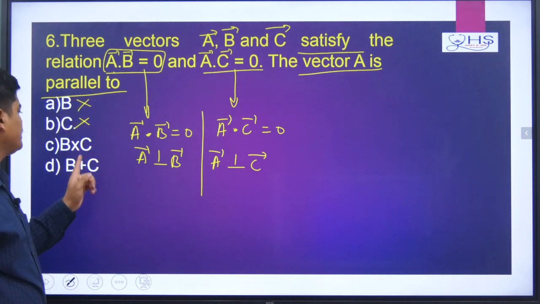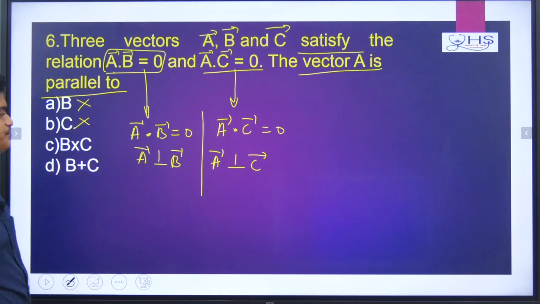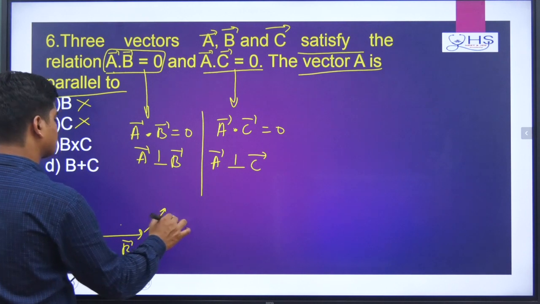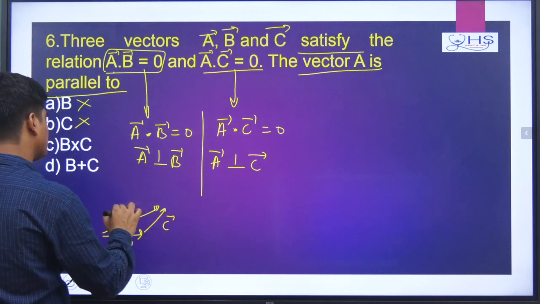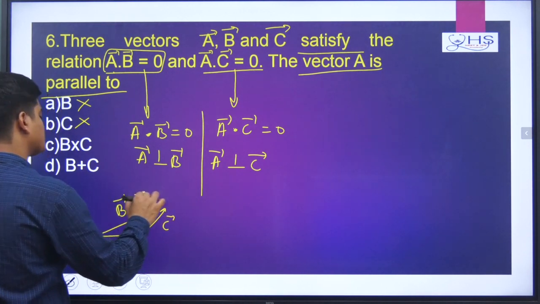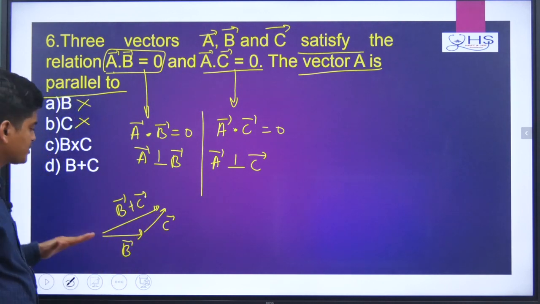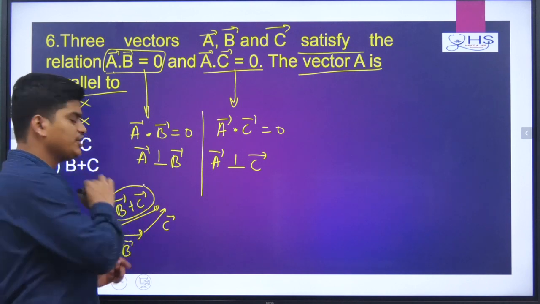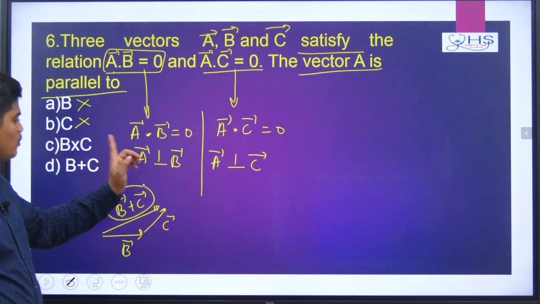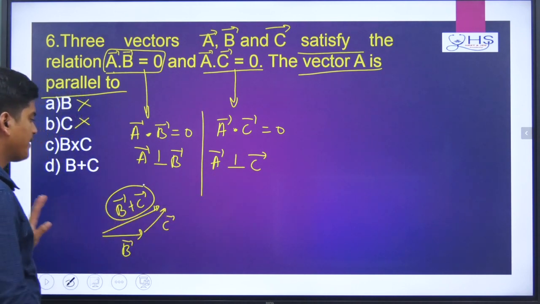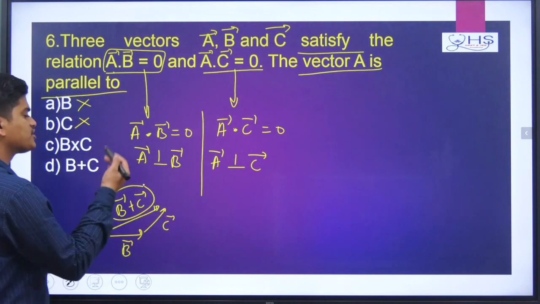Now understand B cross C and B plus C. Here it is your B vector and this is your C vector. Now this will be how much? This will be B vector plus C. Wherever B vector and C vector are there, in the same plane B plus C will be there. And always if A vector is perpendicular to B and A vector is also perpendicular to C, definitely it is perpendicular to B plus C also.